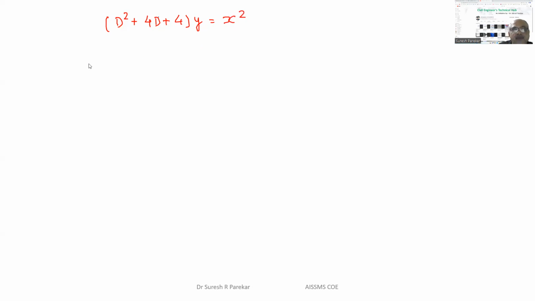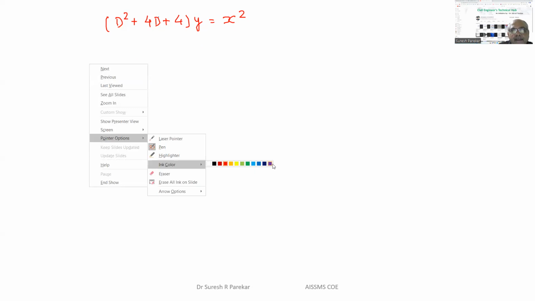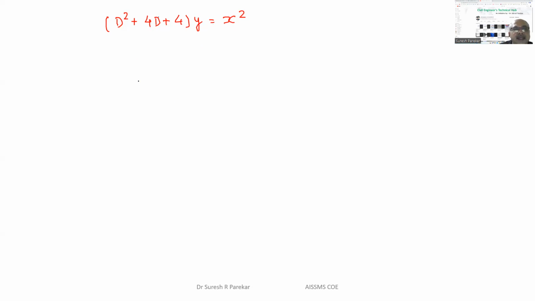Now we have to find both the complementary function and the particular integral. For the complementary function, we make the auxiliary equation m square plus 4m plus 4 equal to 0.